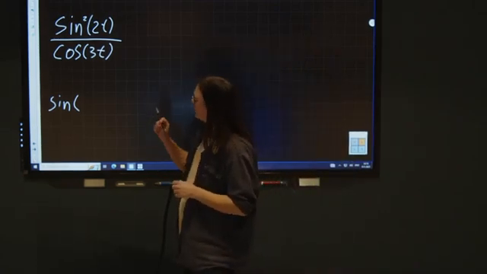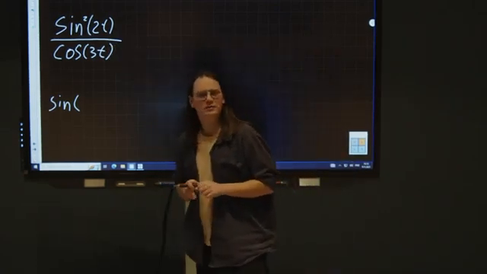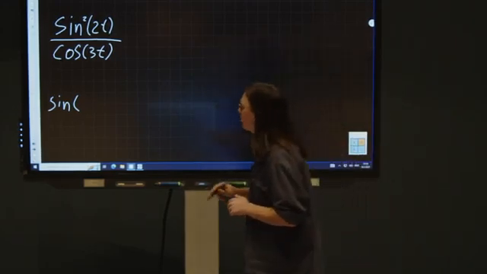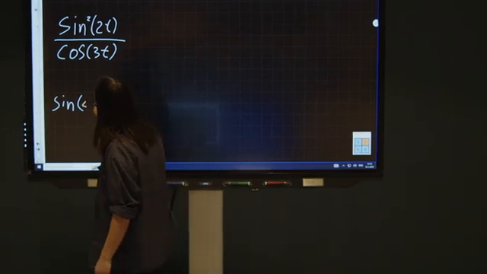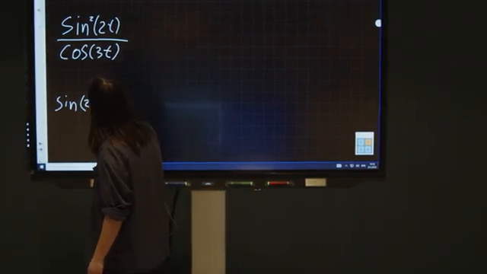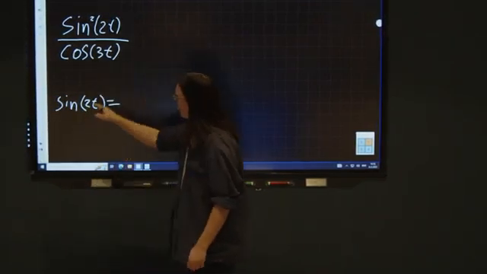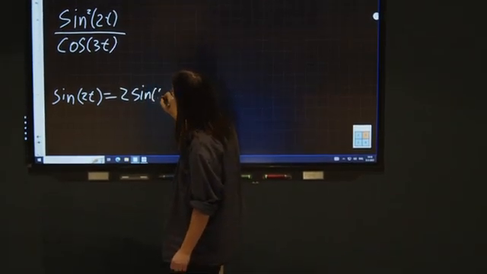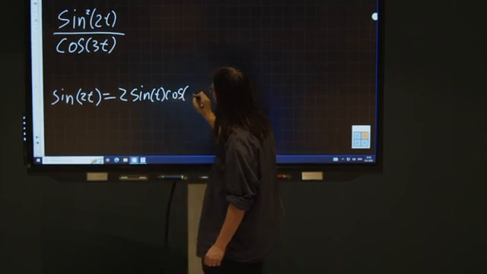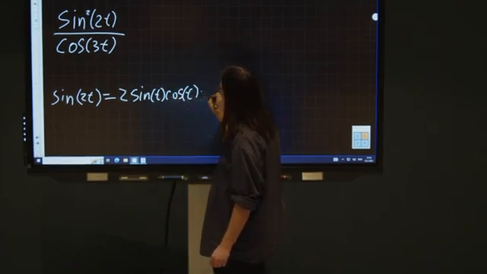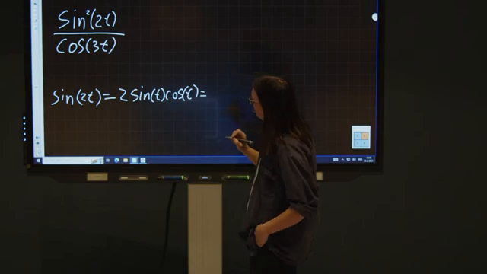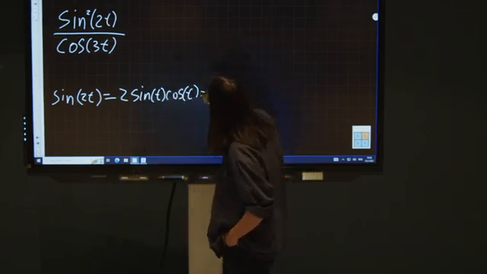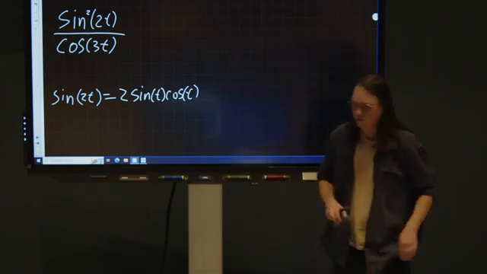But that 2t here, that doesn't disappear without a doubling angle formula. So we're going to have to apply that. And this is one that you can find explicitly on the formula sheet. The sine of twice t equals twice sine of t cosine of t. So that's it, right? That's the doubling angle formula.